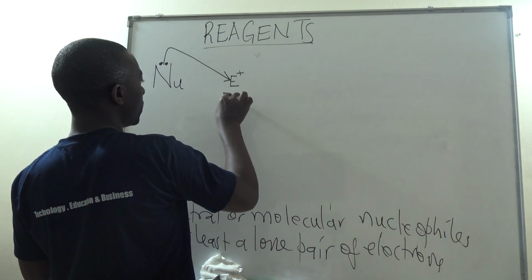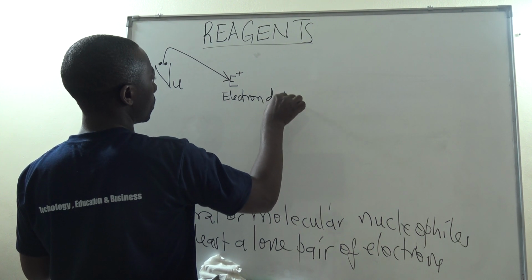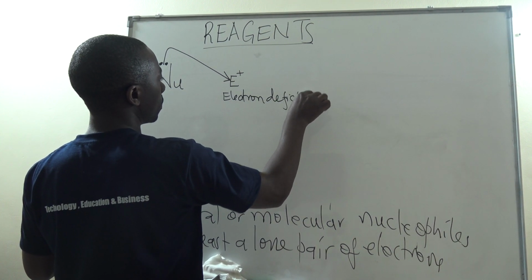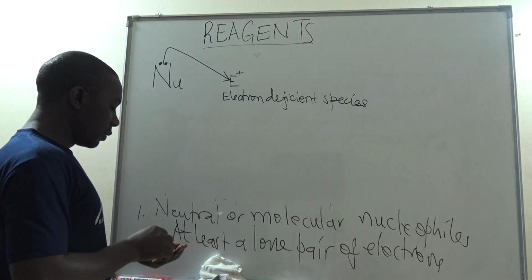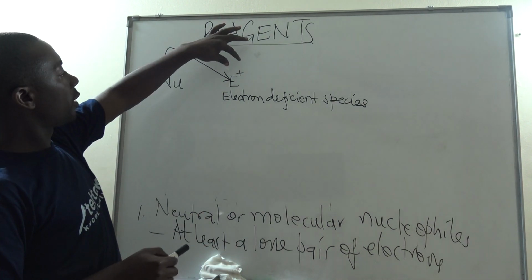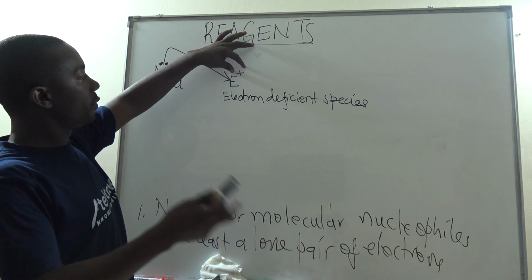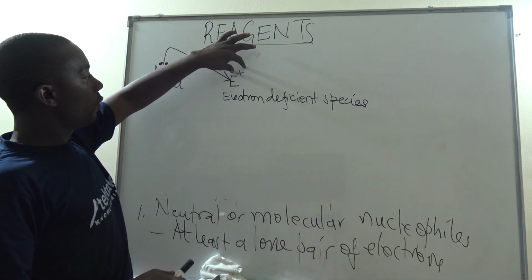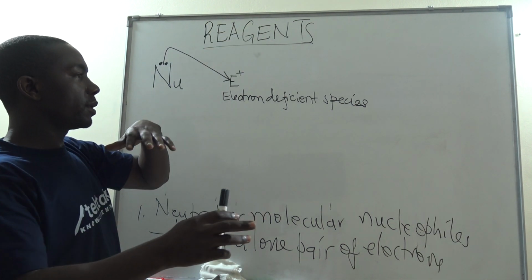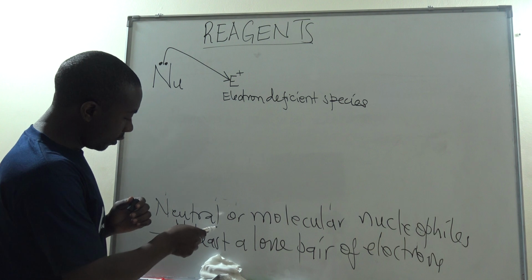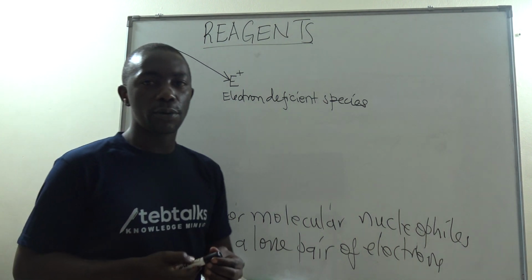Now this one I can call electron deficient species. And species which are electron deficient, we represent them as having a positive charge, because a positive charge is acquired as a result of losing electrons. Remember, in a neutral atom or compound, the number of electrons is equal to the number of protons.